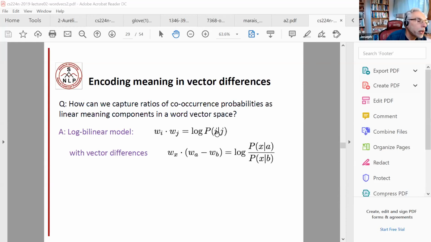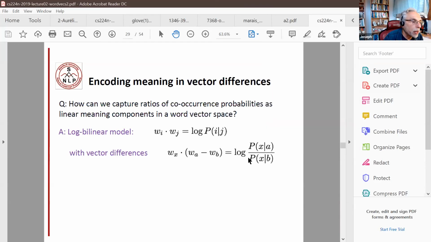So if you take this expression, if you set the log equal to this product, then when you take the log of p x given a, you get log of wx plus log of wa, and on the bottom it's log of p.